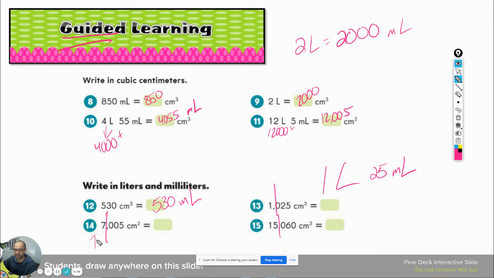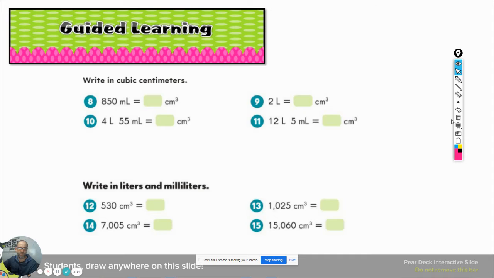Here you've got 7 liters and just 5 milliliters. And down here you've got 15 liters. Yeah, good thing I slowed down and did 2 lessons. 15 liters and 60 milliliters. Alrighty? Pause and replay if you need to hear my melodious voice take you through that again. All right. Boom.